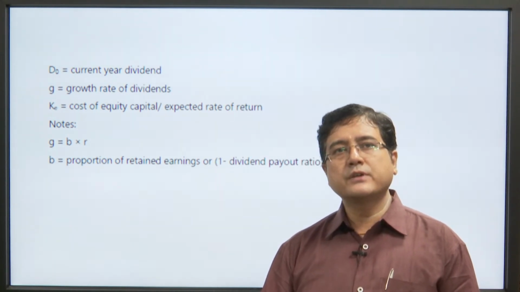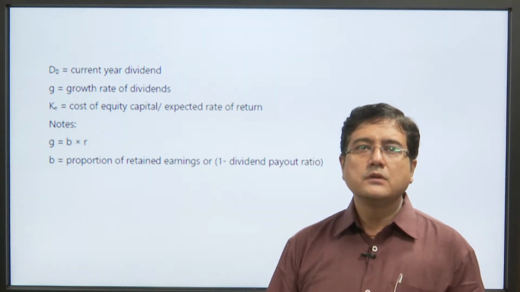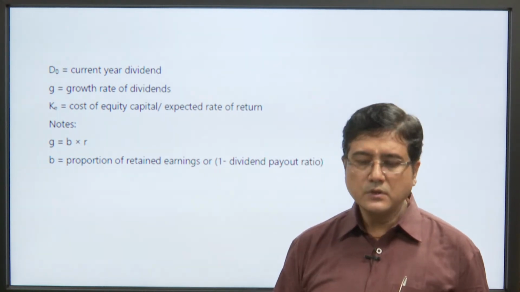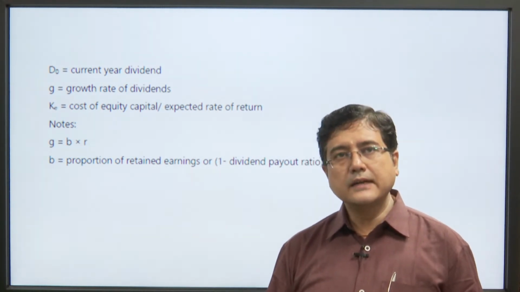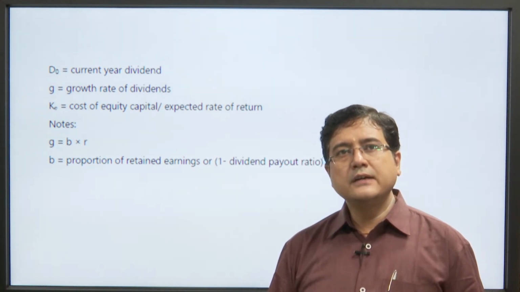KE is the cost of equity capital, G is the growth rate of the dividend, where G equals B into R, and D is the current year dividend.